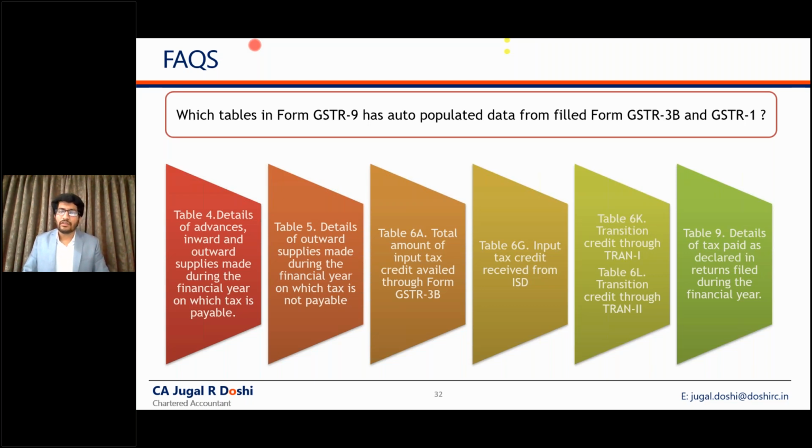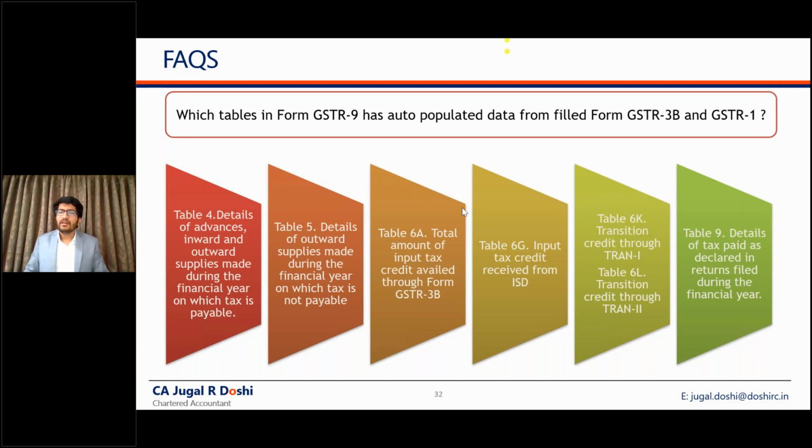Table 6A, not the entire table, only 6A, which consists of the total amount of input tax credit availed from GSTR 3B, is available with the department. Similarly, input tax credit received from ISD information is there with the department, and tax payable in table 6K, that is Tran 1 and Tran 2.